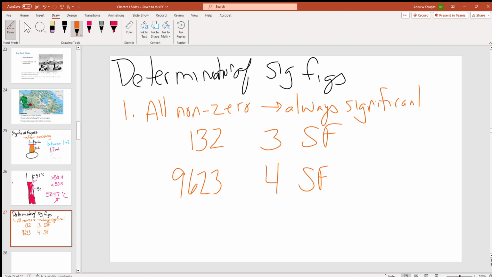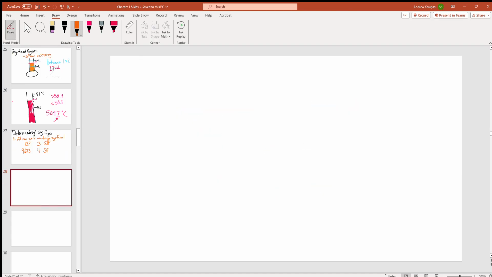So what about zeros? Because if all non-zeros are always significant, then the only thing we have to worry about are zeros. Zeros, we'll see, fall under quite a number of different categories. So zeros between non-zeros, what do we mean by that?